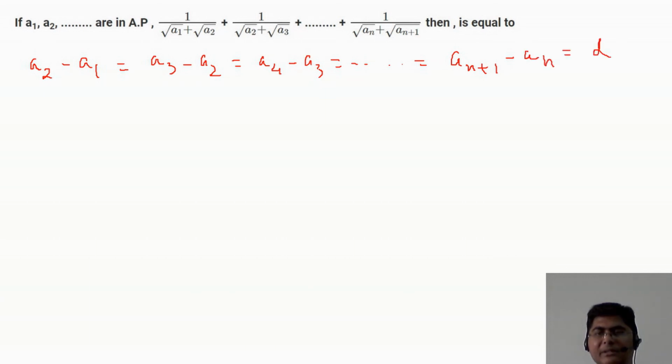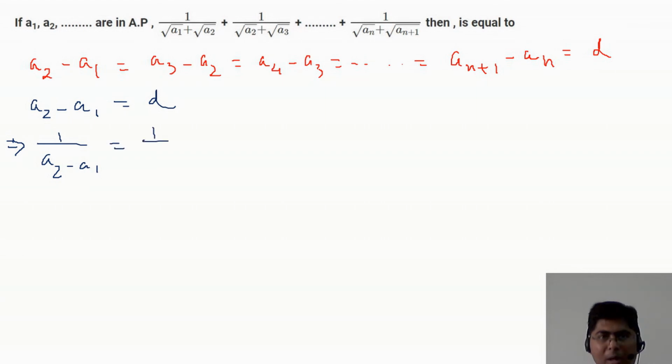Right? Those were the derivations we know. Now let's take them one by one. a2 minus a1 is equal to d. So I am just taking the reciprocal: 1 upon a2 minus a1 is equal to 1 by d.